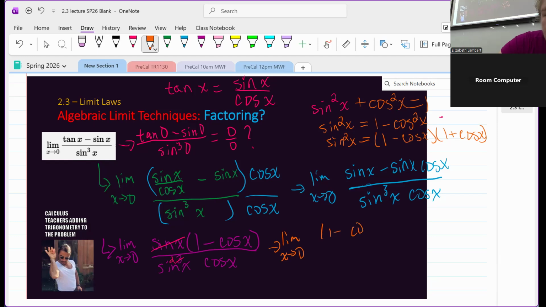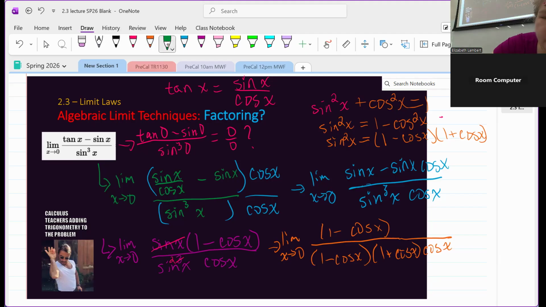So the top is that 1 minus cosine x, which is one of those two factors. So the 1 minus cosine x on top and the 1 minus cosine x on the bottom both cancel. That leaves us with a 1 as a placeholder on top.